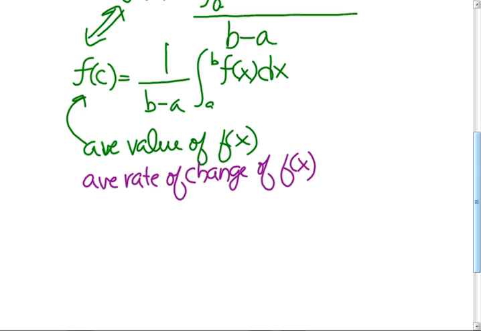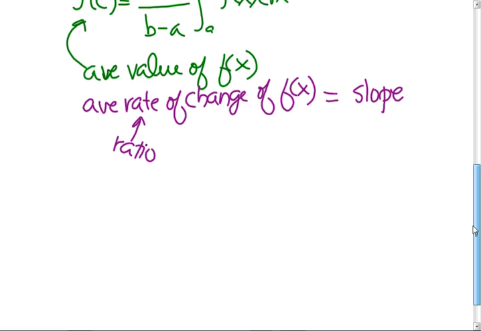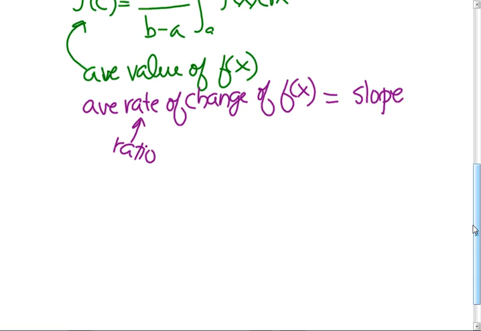Rate of change is a slope. That's what slope is. Rate means ratio. So this is the slope. So what's the average slope, average rate of change on an interval? It's f of b minus f of a all over b minus a. That's your average rate of change of your function.